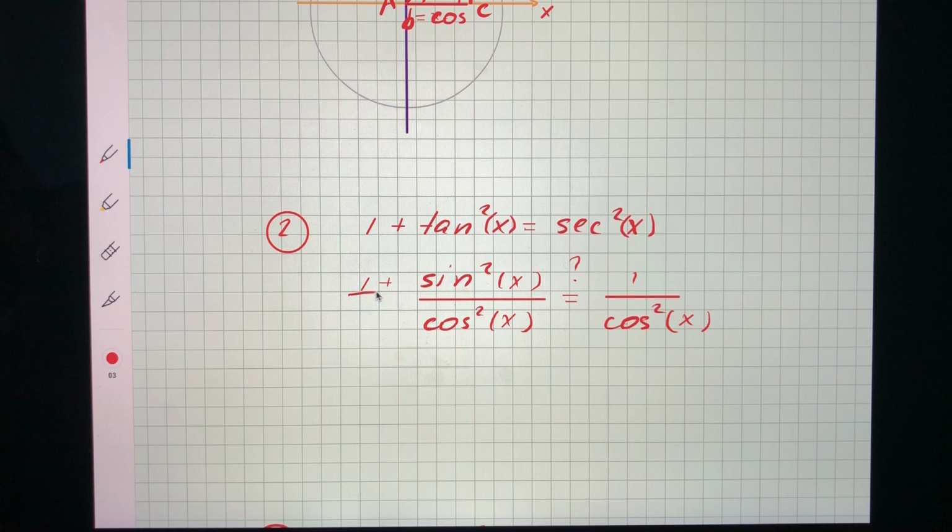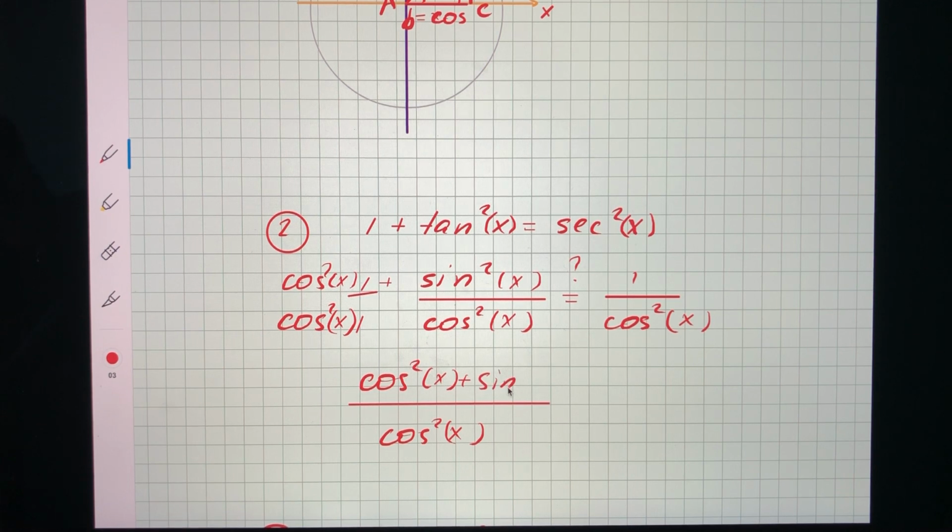The common denominator would be cosine squared, so we multiply both top and bottom by cosine squared x, and then we can add the two fractions together. They will have the denominator of cosine squared x, and on the top we get cosine squared x plus sine squared x. Is that equal to 1 over cosine squared?